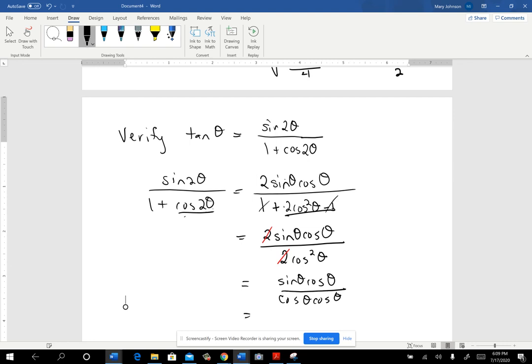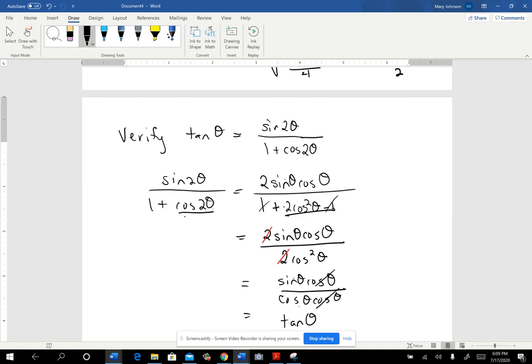That might allow you to see better. So now the cosine can cancel, and then sine over cosine leaves me with tangent of theta. Actually, I should have put that back in with the double angle formulas and not waited until now to do that.